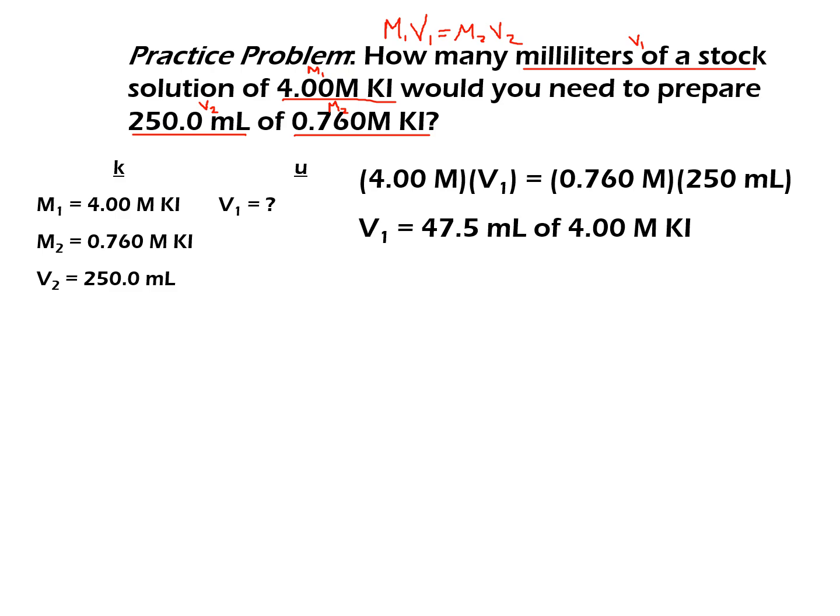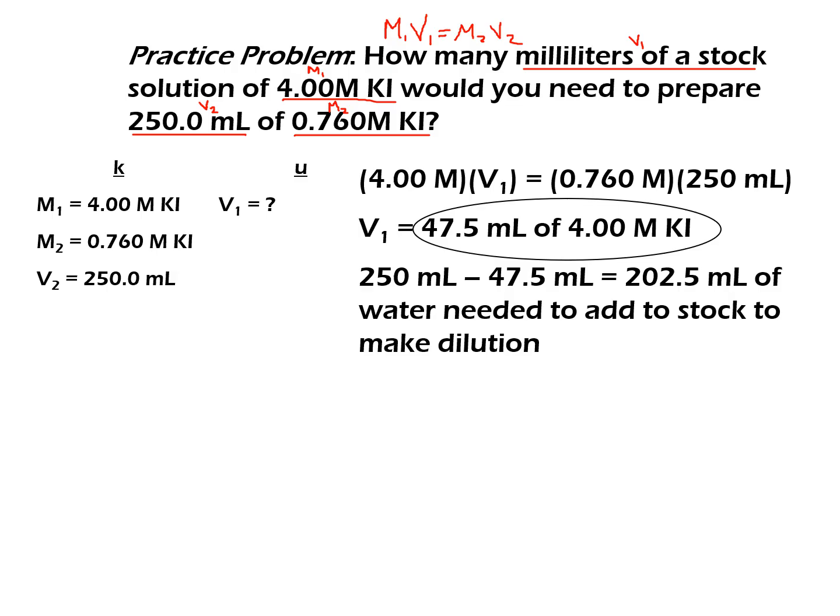Well, I'm diluting it, so I have to add water to it. How much water? They didn't ask us this, but we could figure that out. If you take V2 minus V1, that tells you how much water you'd have to add. So I would have to add 202.5 milliliters of water to that 47.5 milliliters of the original 4 molar solution, and that would dilute it down to 0.76 molar.